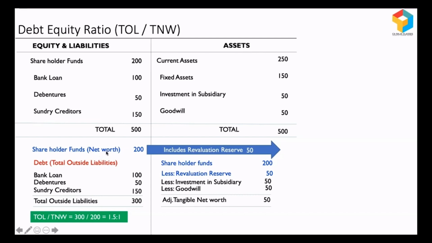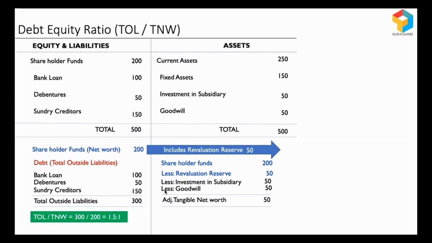We started with net worth, right? And this net worth figure, when it is adjusted for revaluation reserve and goodwill, we call it as tangible net worth. Because these two items, this revaluation reserve and goodwill, are almost intangible. Goodwill is absolutely intangible, revaluation reserve is only a book entry.